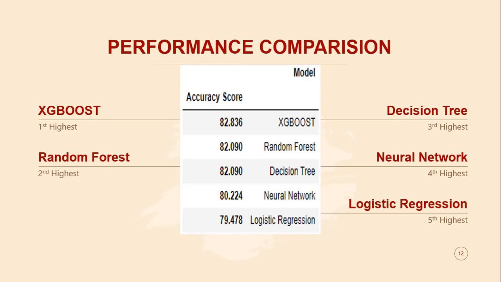The least accurate model in comparison with the other four was logistic regression. It has an accuracy score of 79.478%. So we can conclude that the XGBoost model had better accuracy than the other models.